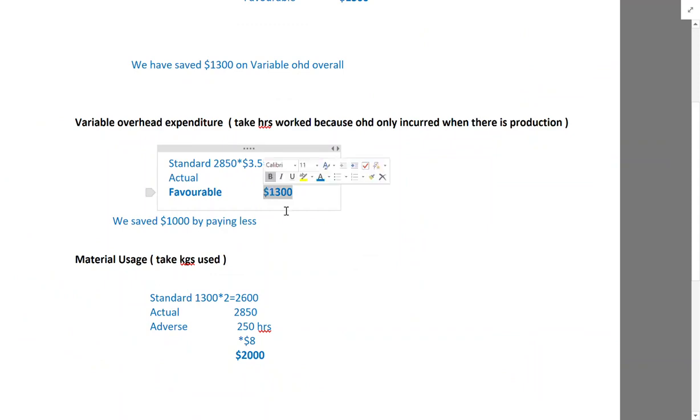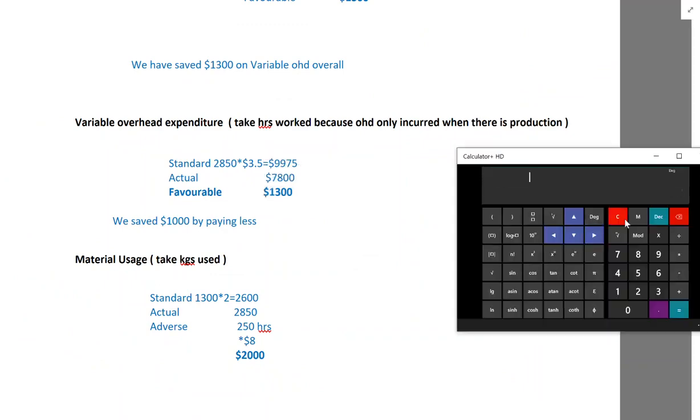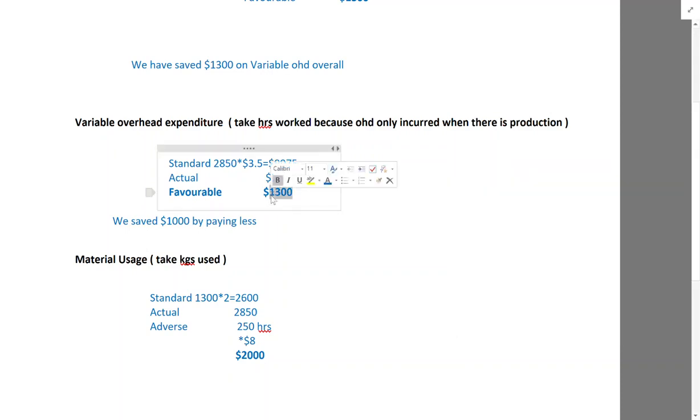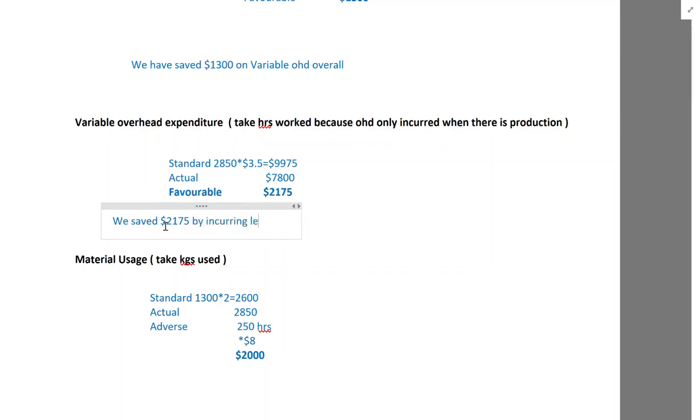So we incurred less. $21.25 by incurring less overheads per hour. It would be, for example, telling your labor to turn down the heat. Something like reducing the AC. It's something like that.